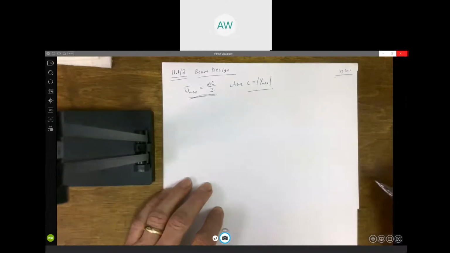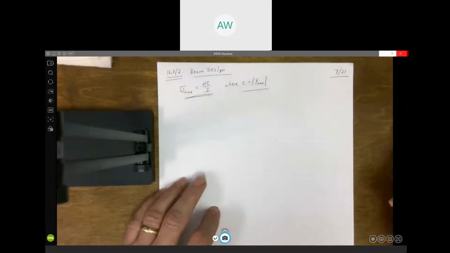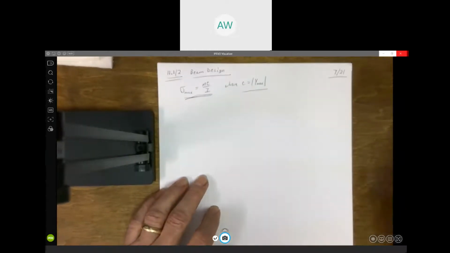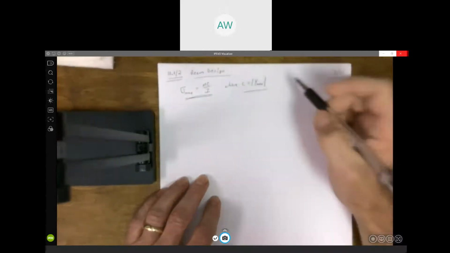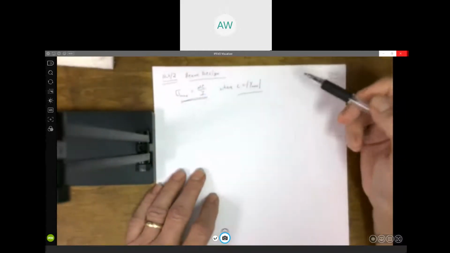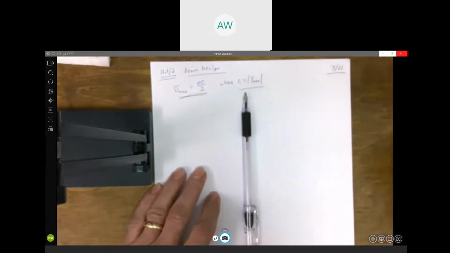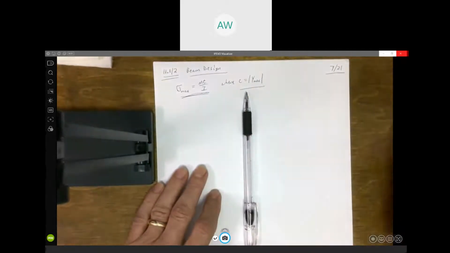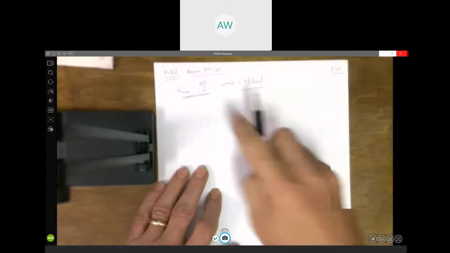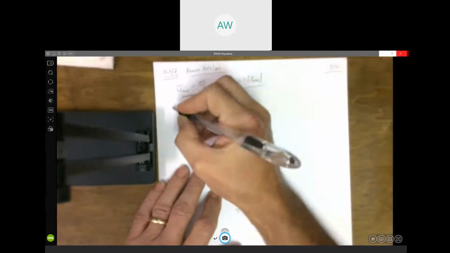So in other words, it's the furthest distance you can get away from the neutral axis. That's where our maximum bending stress is going to occur. And it's going to be either at the top or the bottom surface, whichever one of those is further away from the neutral axis.